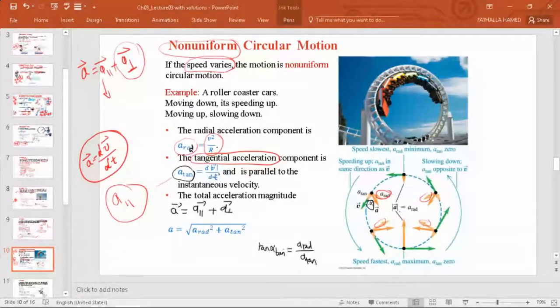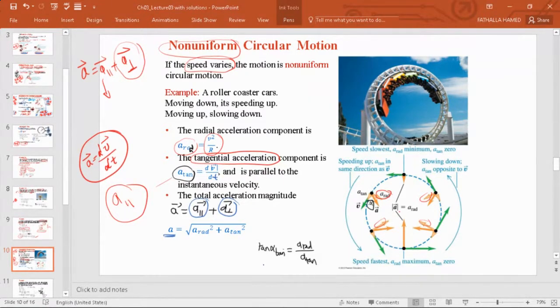So in that case, your acceleration will have these two components. It will have the tangential component, which is the parallel, and the perpendicular component, which we call centripetal acceleration, with magnitude V squared over R. So the magnitude of your acceleration will be the square root of A rad squared plus A tangential squared, which is A parallel squared plus A perpendicular squared.